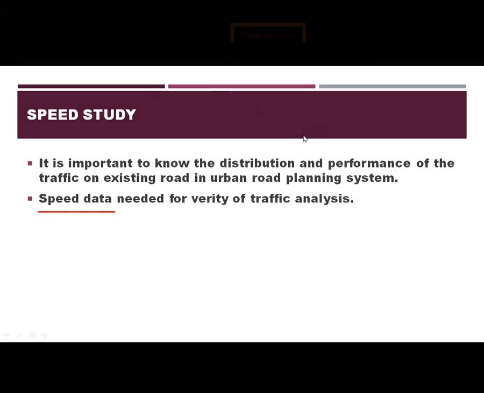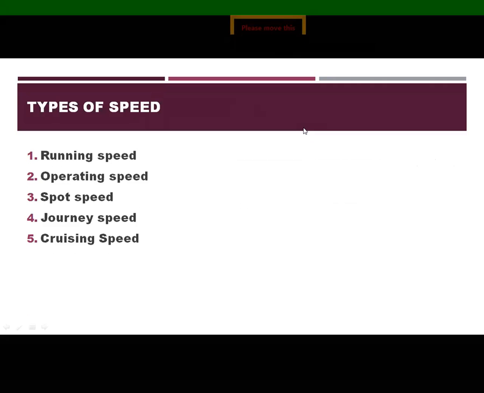In the last lecture we learned the objective and the types of speed during the whole journey or travelling time. There is the speed of a vehicle, which is counted in different situations or areas.